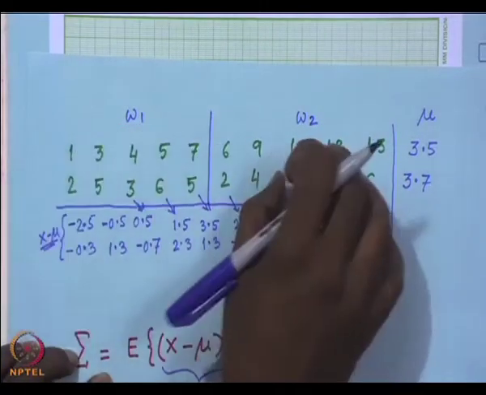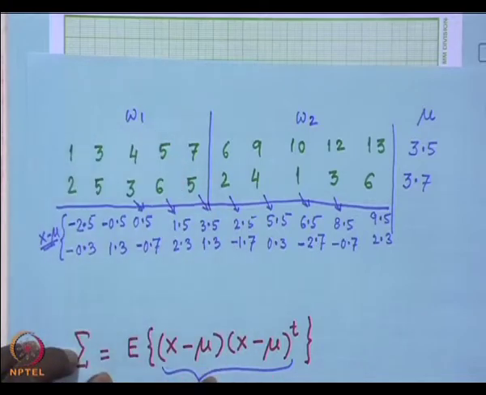So, when I plot these feature vectors onto my graph paper, I will plot them in 2 different colors. Okay. So, the first one I will use the green color.